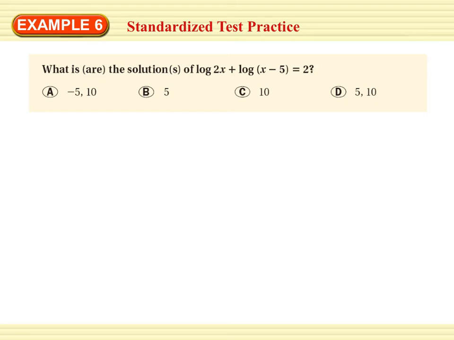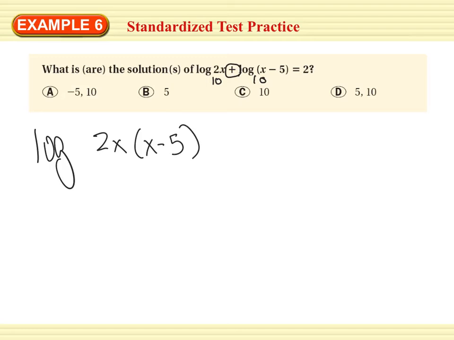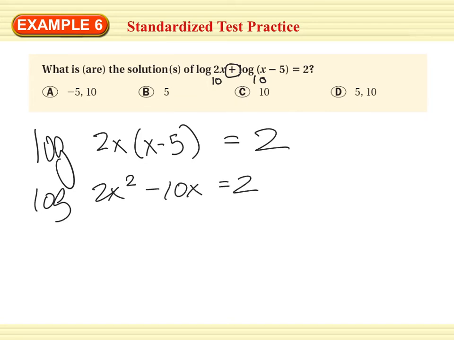Okay, I have a plus, and they're both log base 10, which means I can say log of 2x times x minus 5. Remember the rule we learned in the last lesson, that addition between logs is multiplication. This gives me log base 10 of 2x squared minus 10x equals 2.